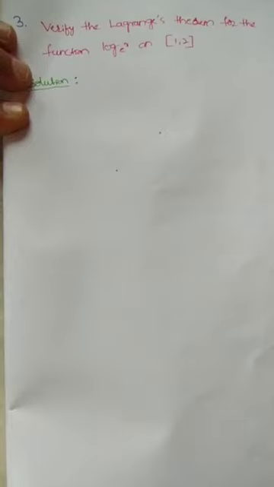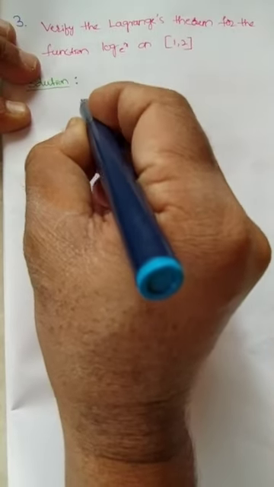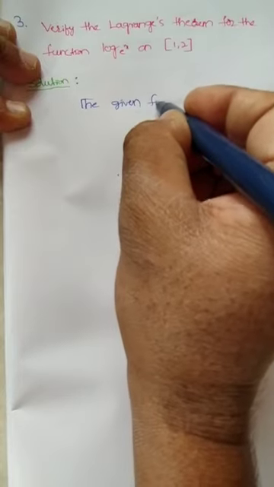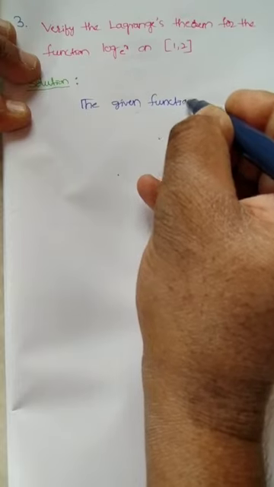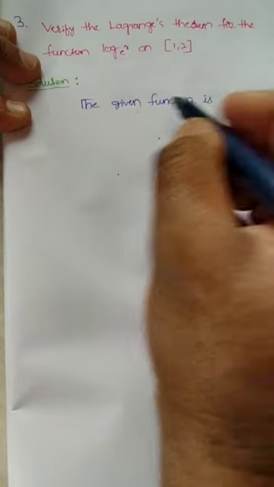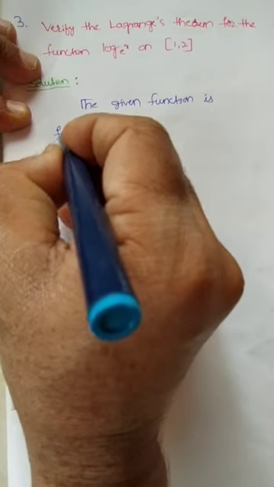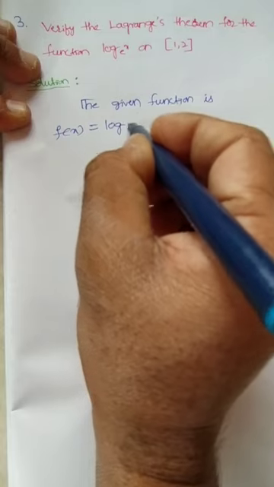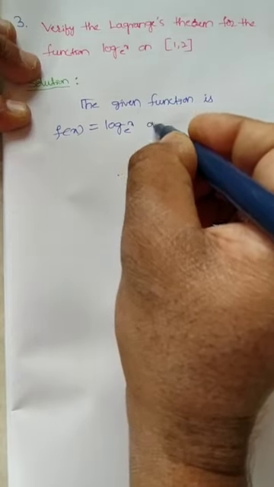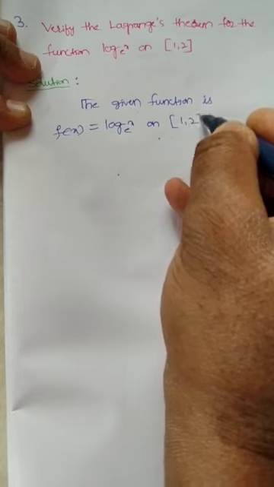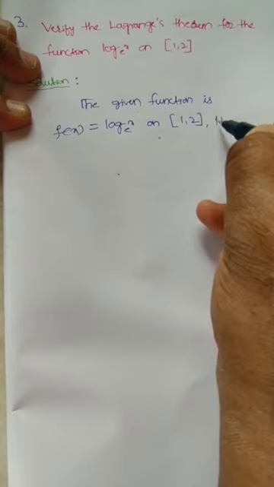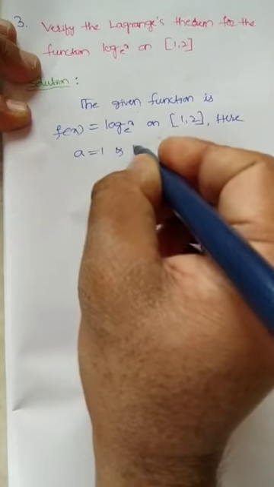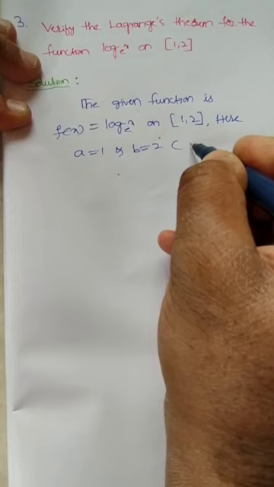In the solution, the given function is f of x is equals to log x with base e on closed interval 1 comma 2. Here we are taking small a is equals to 1 and small b is equals to 2, whereas a is less than b.